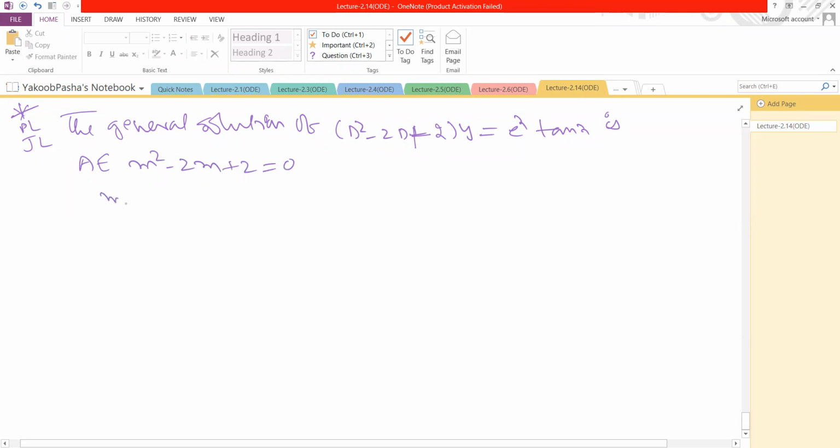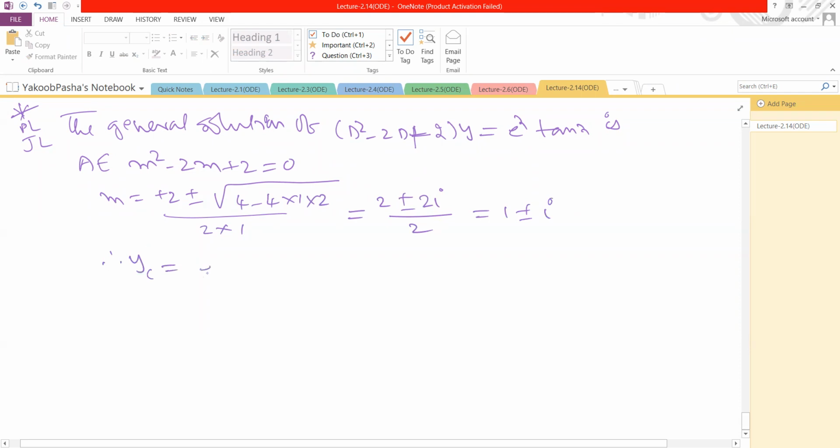So here m is equal to 2 plus or minus root of b square minus 4ac, that is 1 into 2, divided by 2 into 1, that is equal to 2 plus or minus root of 4 minus 8, root of minus 4, that is 2i, divided by 2, that is equal to 1 plus or minus i. So the complementary function yc is equal to e to the power of x into (c1 cos x plus c2 sin x).